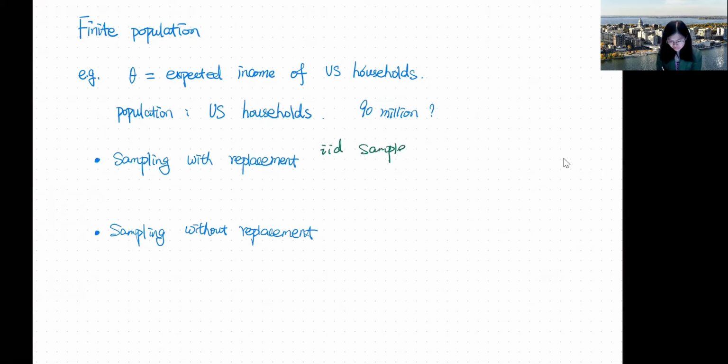So this will give you an IID sample, but it has one drawback: it is possible that you draw the same individual twice and interview this person twice, and that's kind of weird and maybe even a waste of energy. Or even more times.